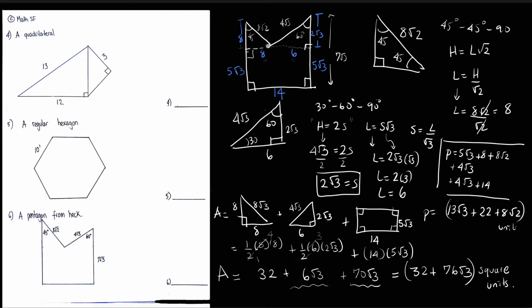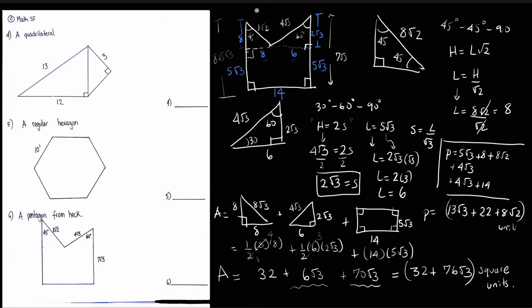Let's review this. First, you needed to find all the sides by using this 45-45-90 triangle. And then you do the same thing with the 30-60-90 right triangle. So we found every single side, and recall that the measure from here all the way here was 8 plus 5 root 3, because you're adding these two sides.